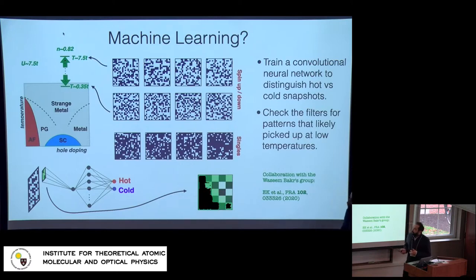And we just simply asked the machine to distinguish snapshots that are taken at high temperatures from those that are taken at low temperatures.